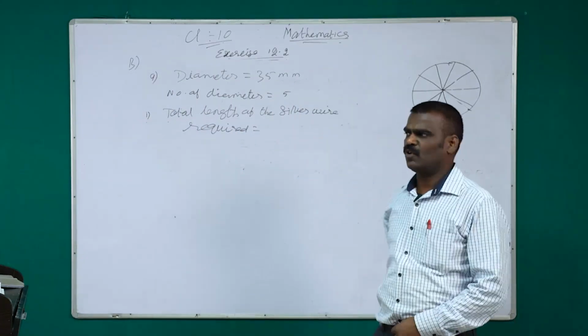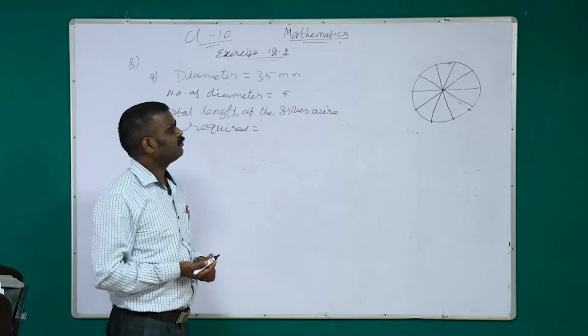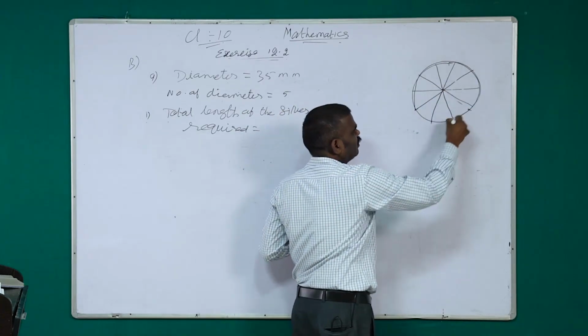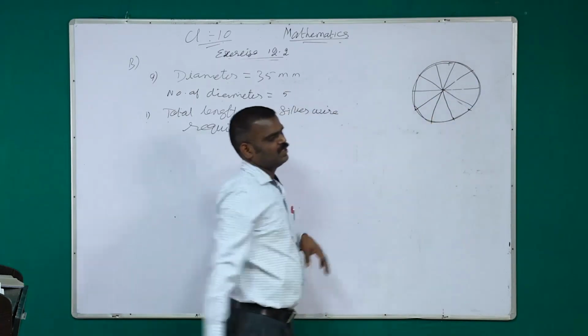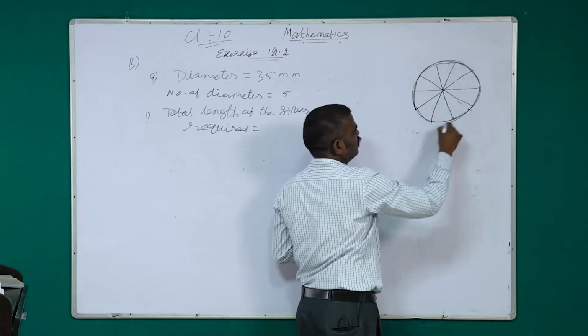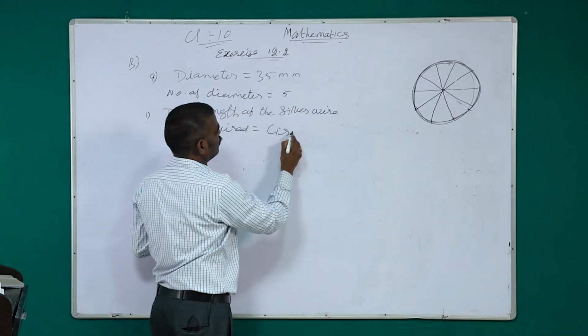How to find out how much wire is needed to make a circle? We need wire, yes or no? So, what do you call this one? Tell me, what do you call this one? Yes, which one? Circumference.